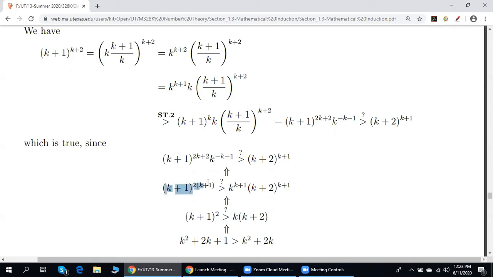If we raise both sides to the power 1 divided by k plus 1, after we expand parentheses, the new power here will be 2 times k plus 1 times 1 over k plus 1. This will be the power on the left-hand side. Do you understand this? Yes, I just misheard you.